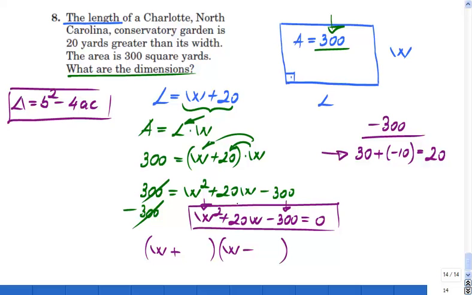Because 30 plus -10 is 20, which is what I'm looking for, because the middle term is definitely the sum of the two numbers. And I'm done, okay? Looks like the factorization of this quadratic equation, of this trinomial, if you want, the one on the left side, is w plus 30 times w minus 10.